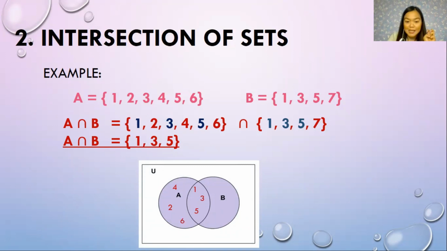And then, 6. So, buo na yung set A natin. Now, pupunta naman tayo sa set B. So, set B, nandito na yung 1, 3, 5. Ang kulang na lang ay yung 7. So, that is the illustration of the intersection of A and B.